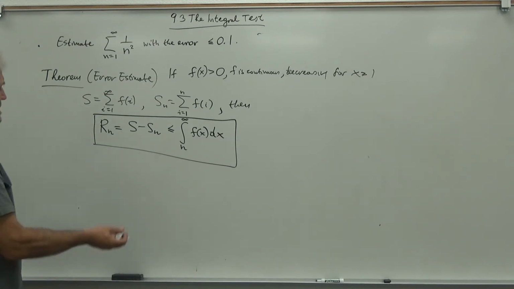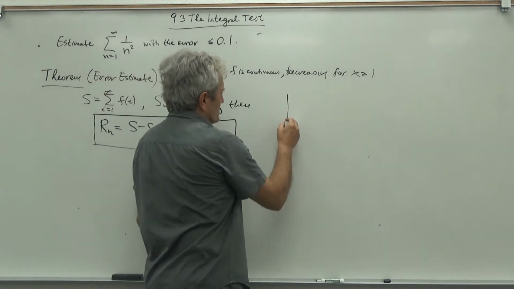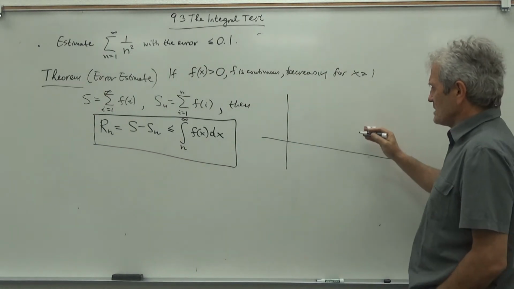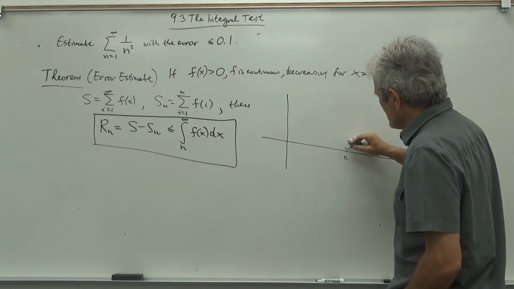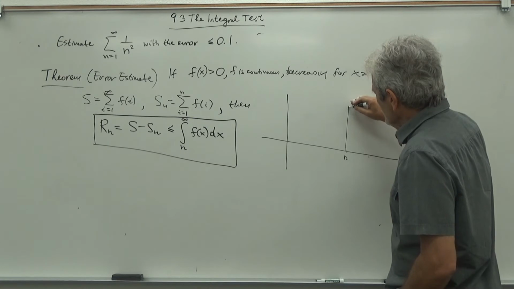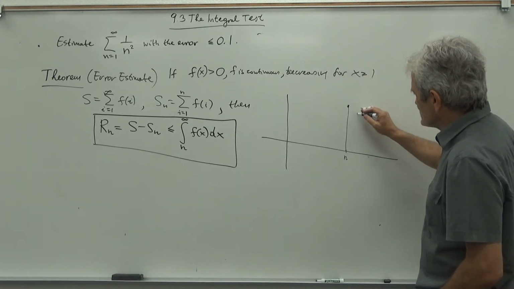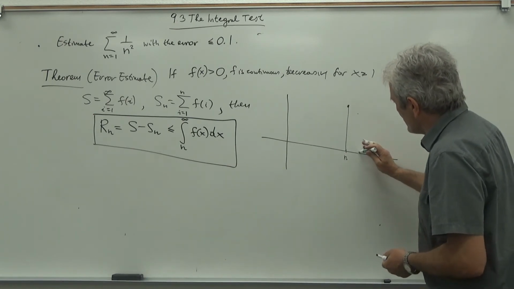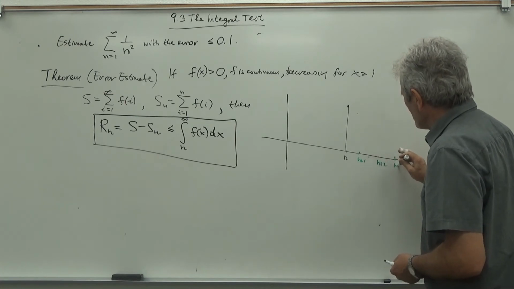So generally, if I calculate that integral, then that will give me the estimate. Why is that? It's fairly simple. It's the same idea as in the proof of the theorem. The only thing is the picture will not be in the beginning, it will be at the end. So here is the nth member. You did calculate f of n. But then you skip all the others. So these are the ones you skip: n plus 1, n plus 2, n plus 3.